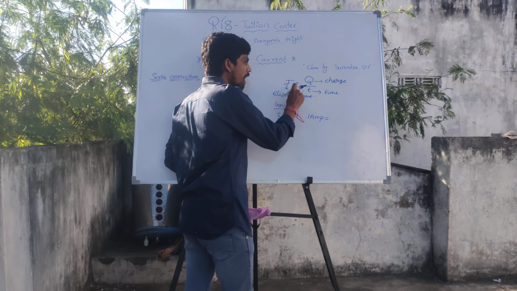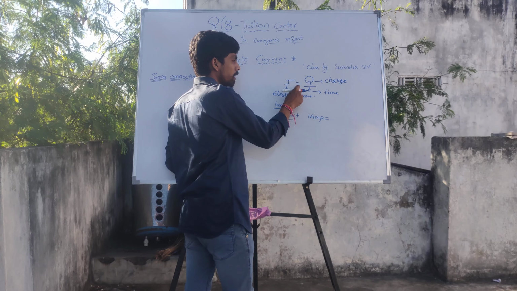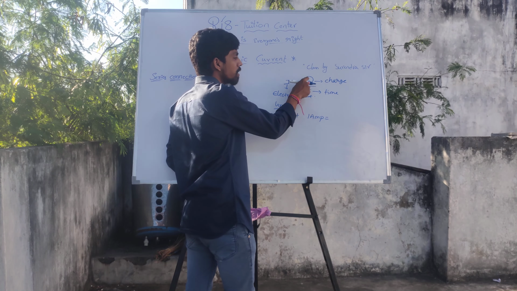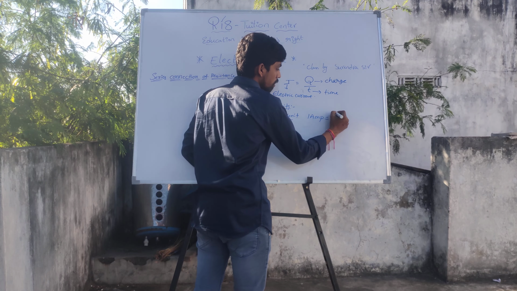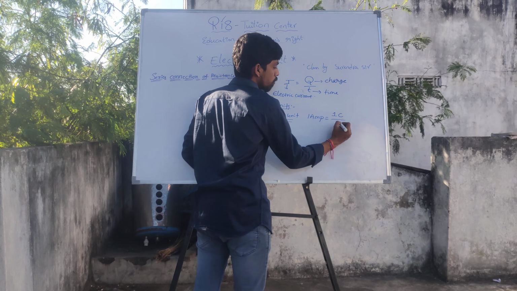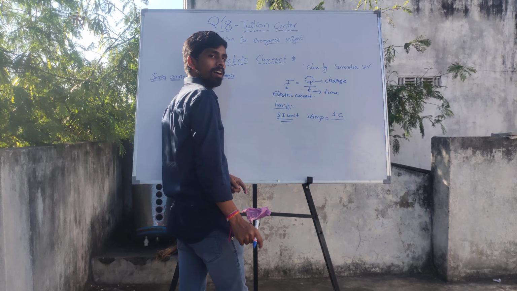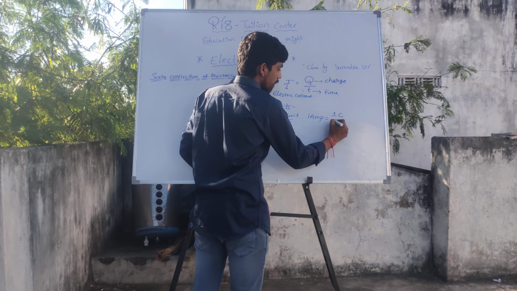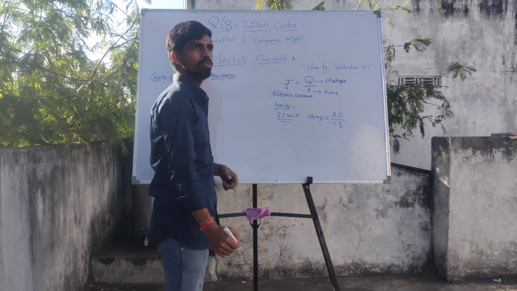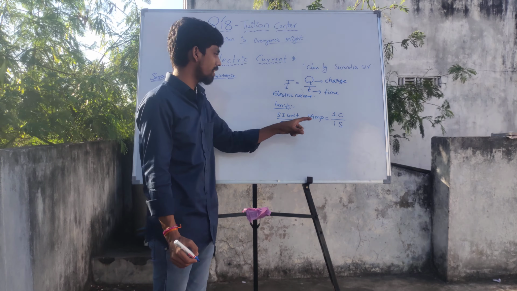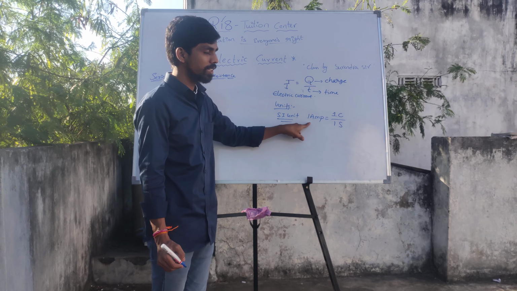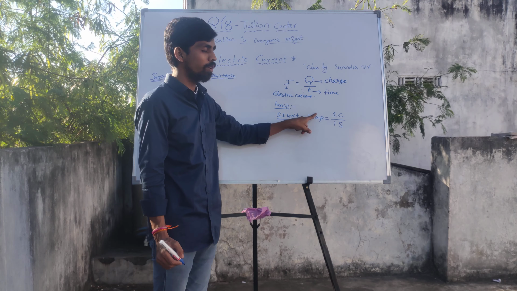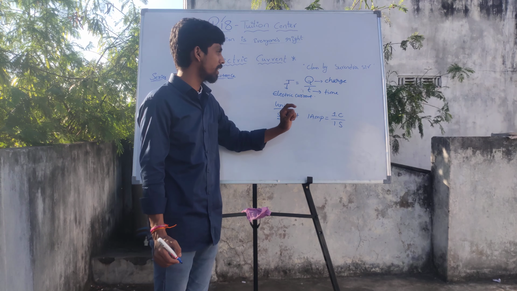According to the formula I equals Q by T, 1 ampere equals 1 coulomb per second, since the SI unit of charge is the coulomb and the SI unit of time is the second. This is the SI unit of electric current.